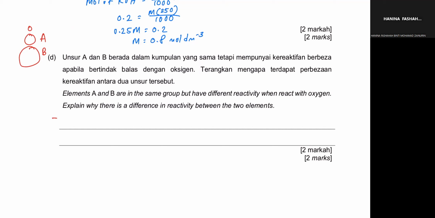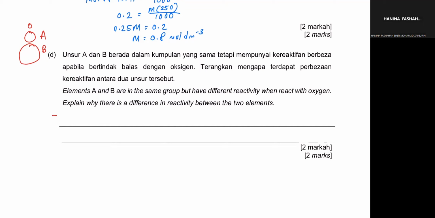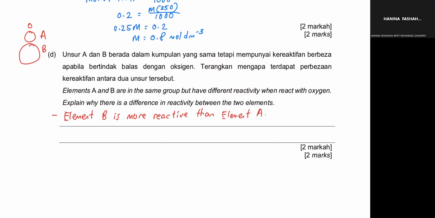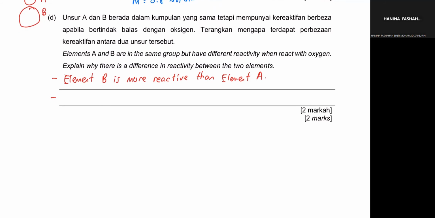So you can write, element B is more reactive than element A. If it's 4 marks, you can write this.